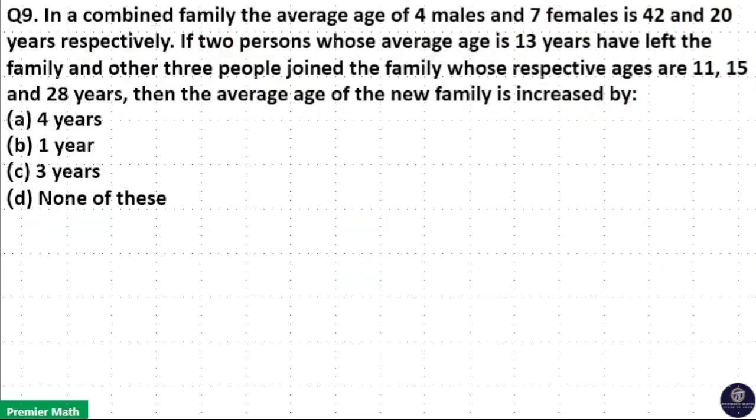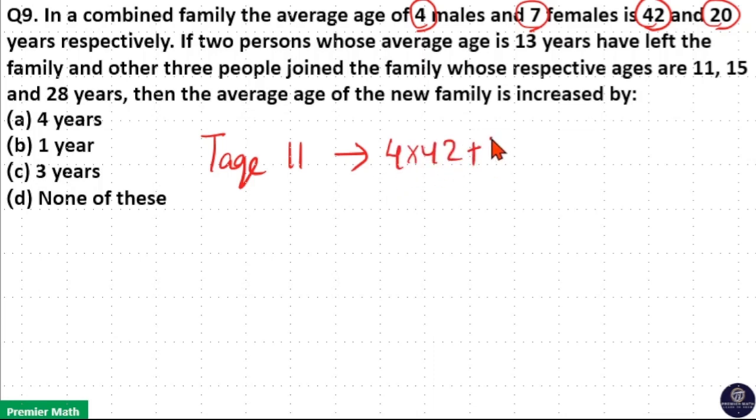This question can also be done in the normal way. That is, total age of 11 people. Initially there are 11 people in the family. So 4 into 42 plus 7 into 20 is the total age of 11 people. Now 4 into 42 is 168, 7 into 20 is 140.